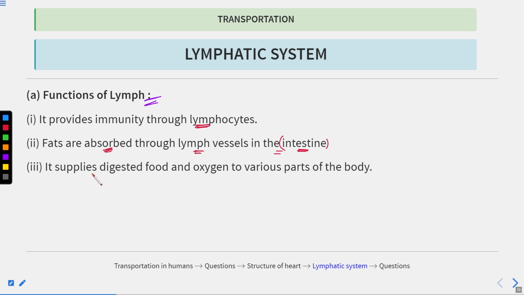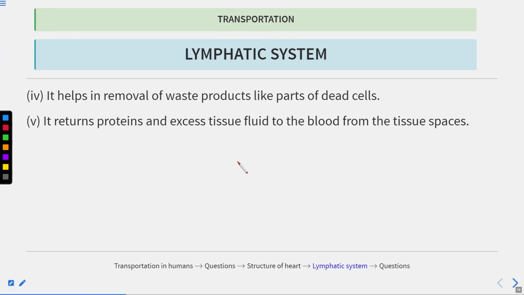And what is the third function? It also supplies the digested food and the oxygen to various parts of the body. It carries the nutrients, minerals, as well as the oxygen and hormones to various parts of the body, so that they can carry out their metabolic functions. The next role is that it helps in the removal of waste products like parts of dead cells.